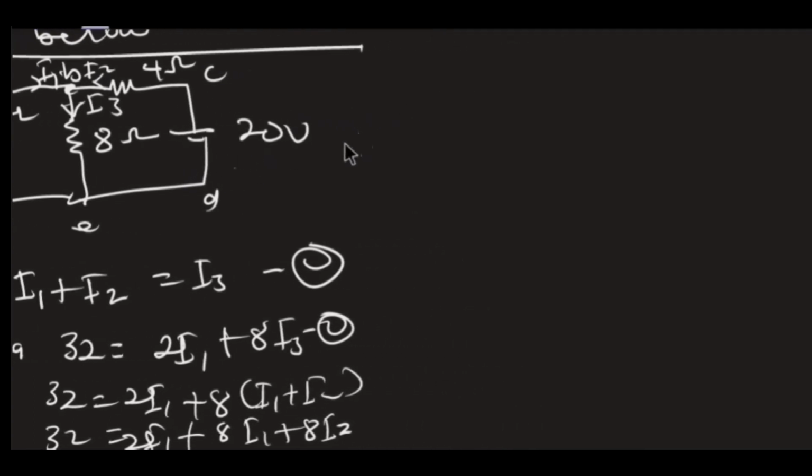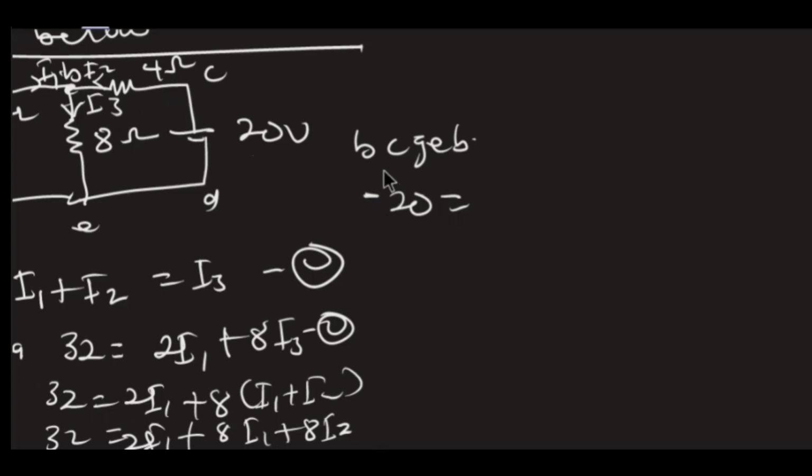In this loop BCGB, you realize that the total voltage here is what? 20. And see the direction I'm going. I'm going in this direction. This is my loop BCGB. So the total voltage is against my direction.